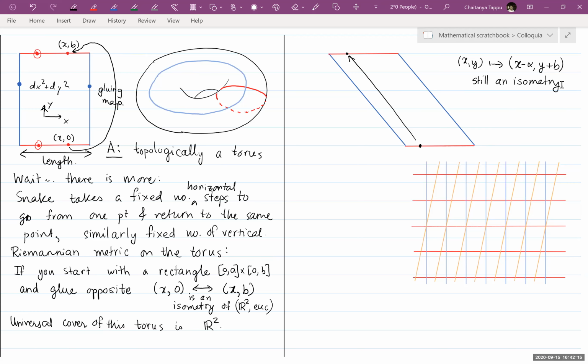And the reason that they are different is the lengths of the blue circles are different.